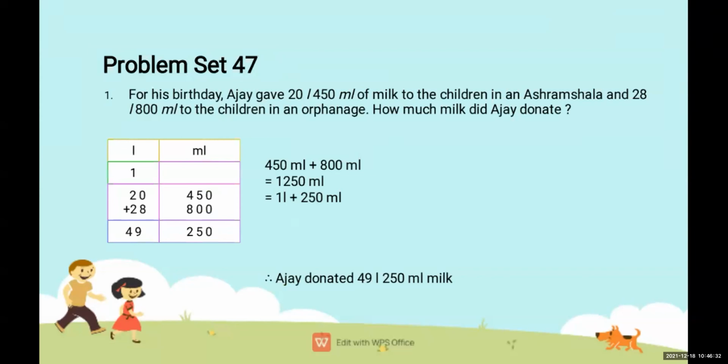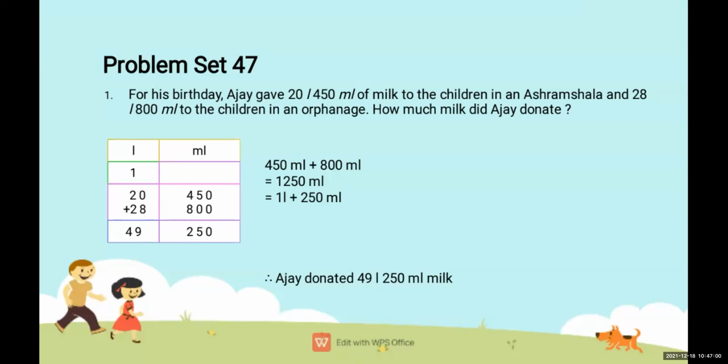So we'll start with our word problem, that is practice set or problem set 47. First question. Now the first question is, for his birthday, Ajay gave 20 liter 450 milliliter of milk to the children in the ashram shala.